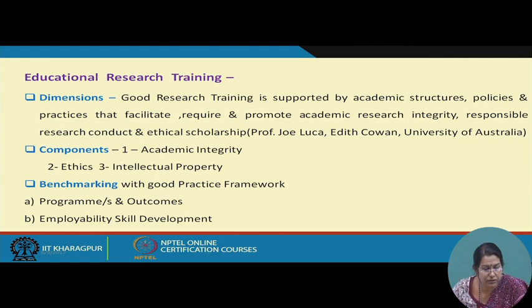First is the dimensions. Good research training is supported by academic structure, policies and practices. Prior to conducting educational research, or engaging ourselves in experimental or laboratory research, we need some kind of orientation and training.